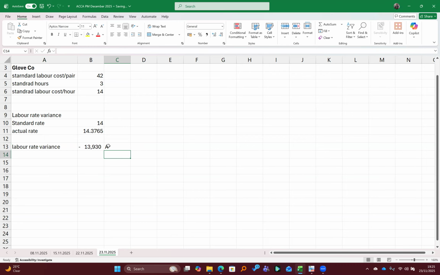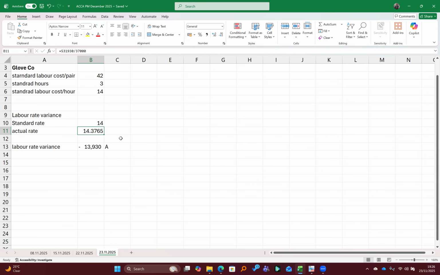I want you to not only look at it just because you have a negative here. I want you to understand why it is adverse. It is adverse because the actual rate that we are paying is higher than the budget. So it means that we are paying people more. If you understand it that way, then the sign doesn't matter, because somebody may have made a mistake and started with this minus this and got a positive.